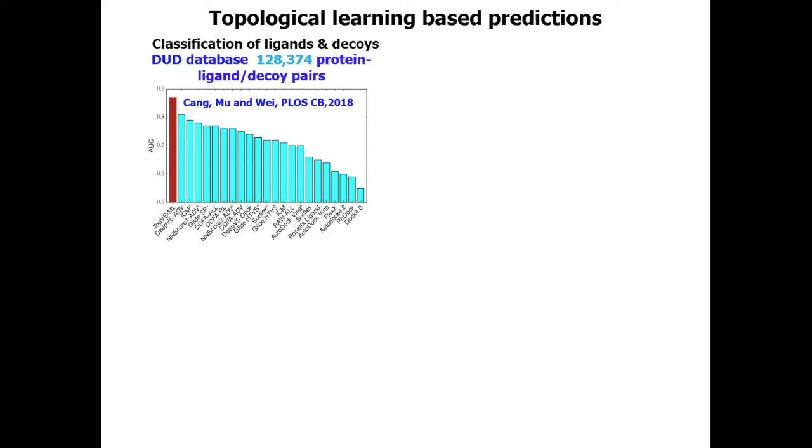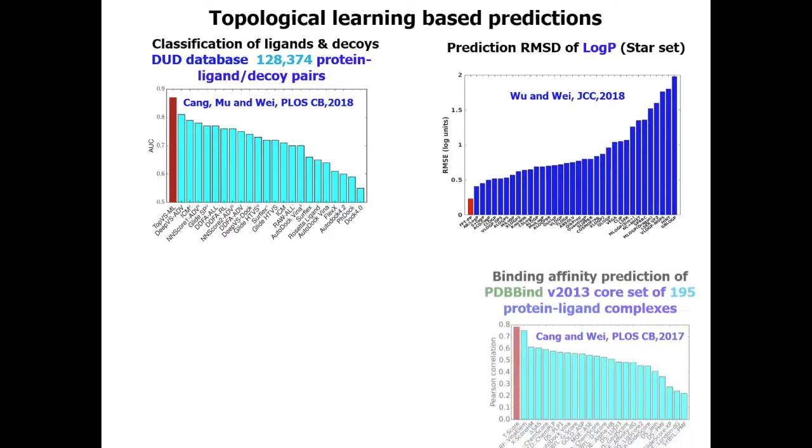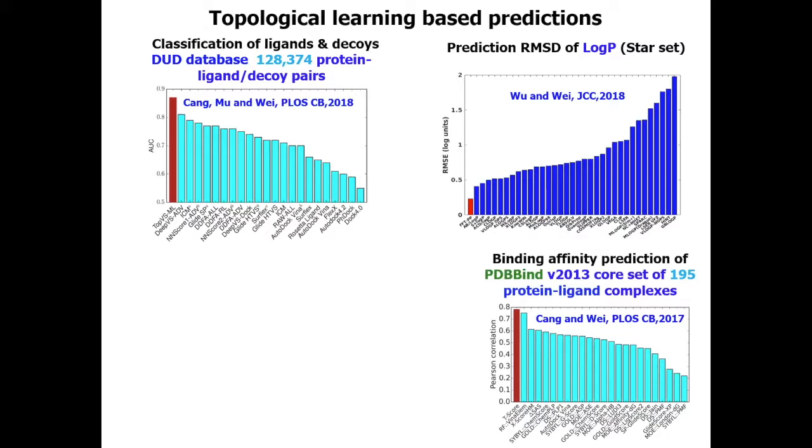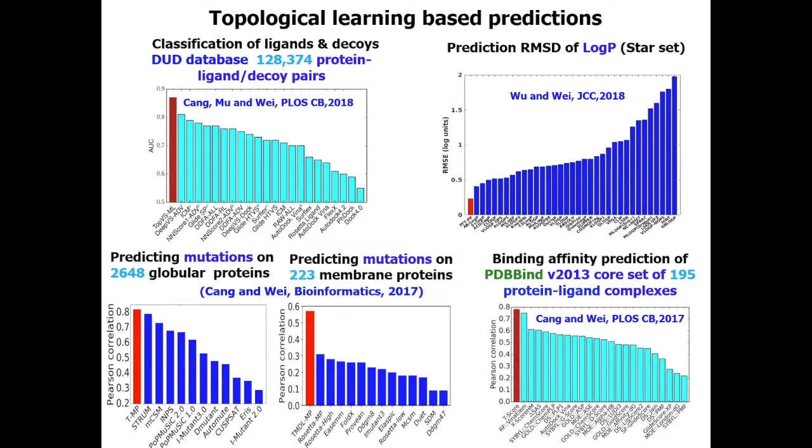And certainly everything I show, we are #1, because the data is like D3R, right? This is open data. Everybody, if you go later and look at the data, you can always make your method #1. So this is a little surprising, right? And for binding affinity, we are #1, no problem. Mutation analysis, we are #1. And mutation for membrane proteins, we are #1, no problem.